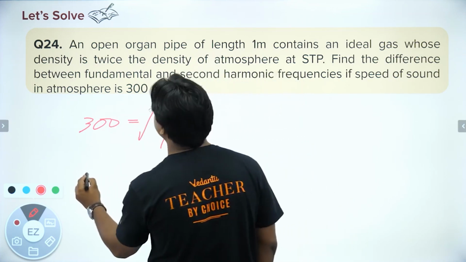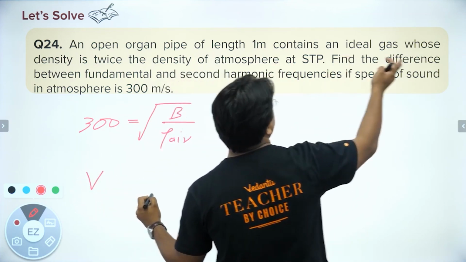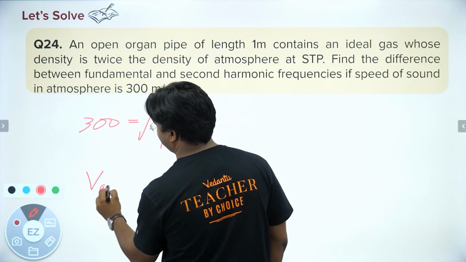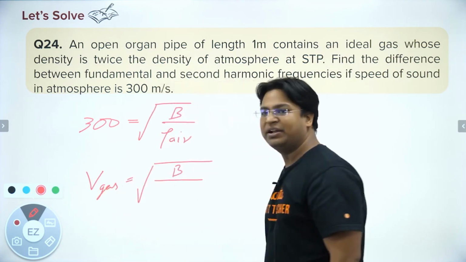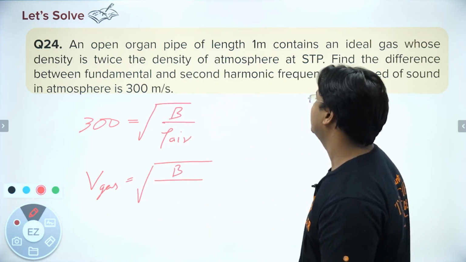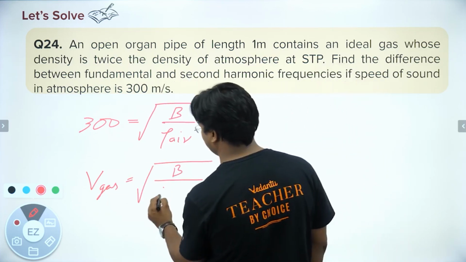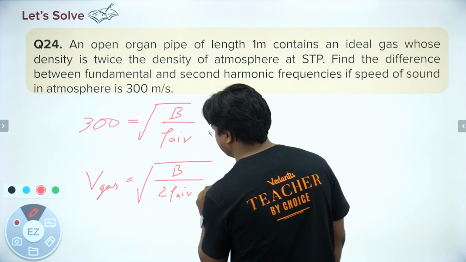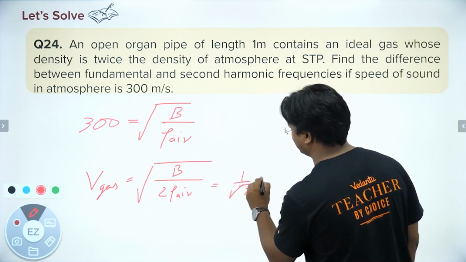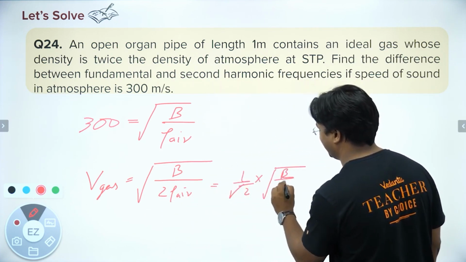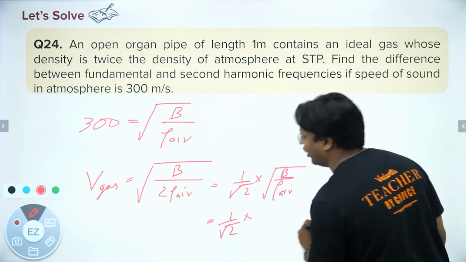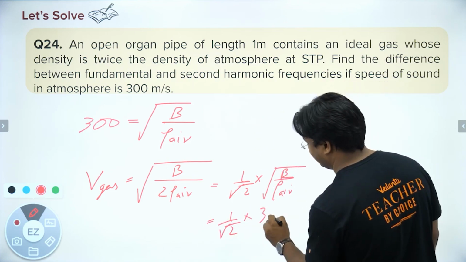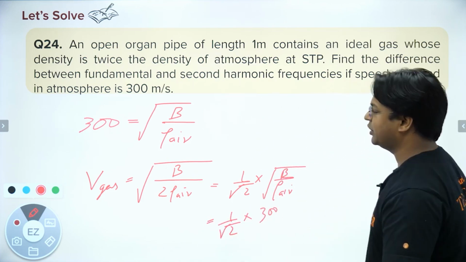Now speed of sound in that particular gas, an ideal gas, name is not mentioned, this will be written as root of bulk modulus divided by the density of the gas, which is 2 times the density of air. So I can write this as 1 by root 2 into root of B by rho air, which becomes 1 by root 2 of 300.